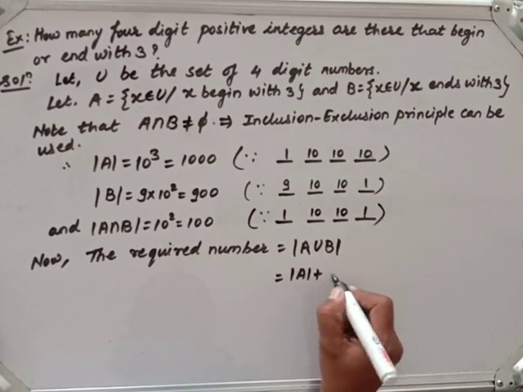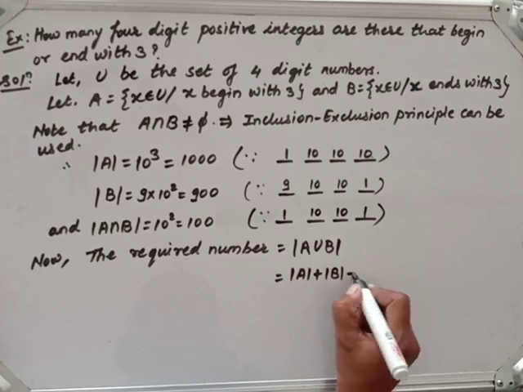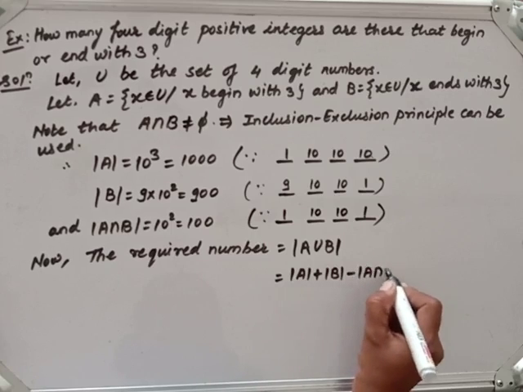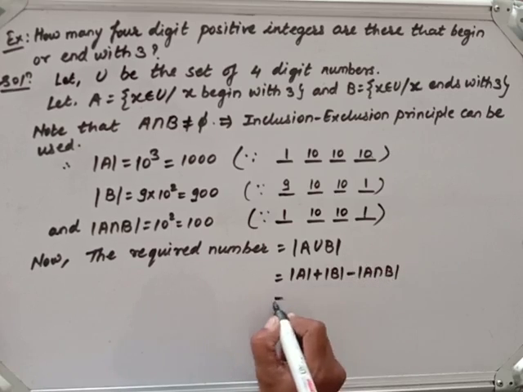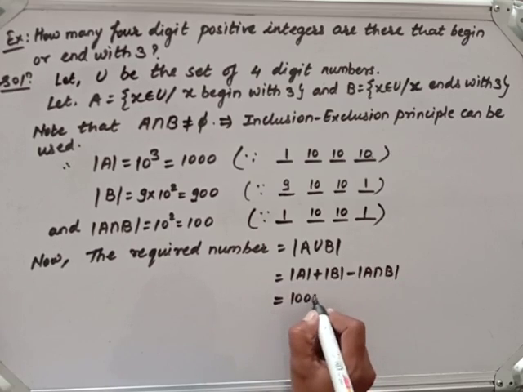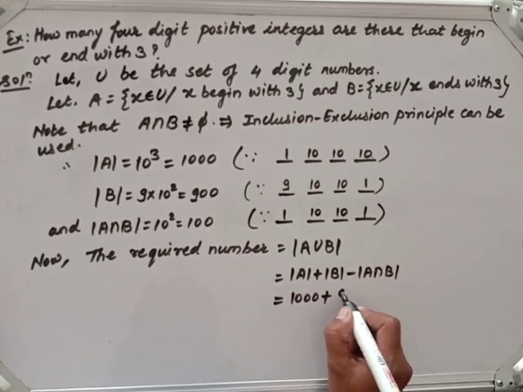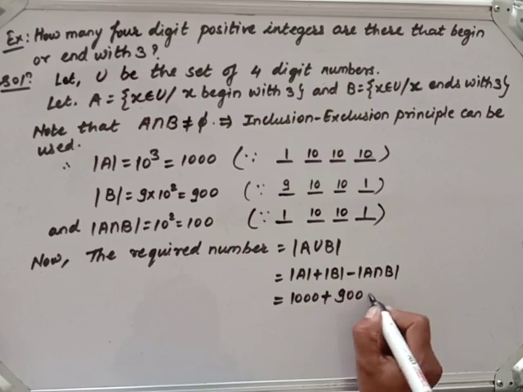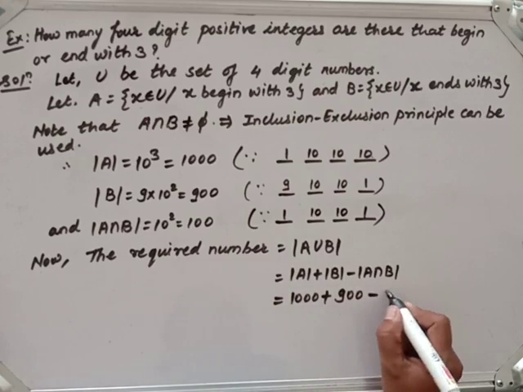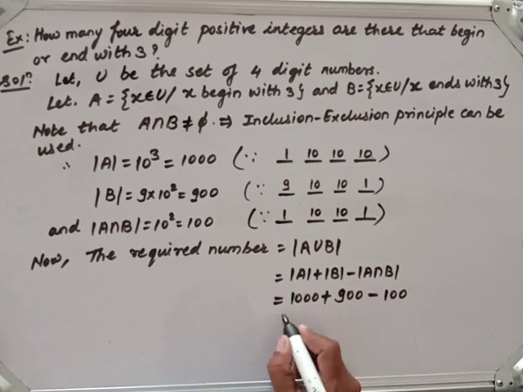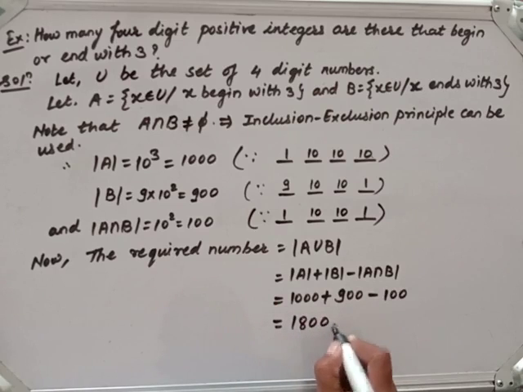This is cardinality of A plus cardinality of B minus cardinality of A intersection B. So cardinality of A is 1000, plus cardinality of B is 900, minus cardinality of A intersection B is 100. So it is 1800. This is our answer here. Now let us go for the next example.